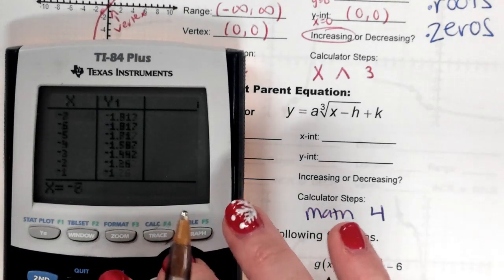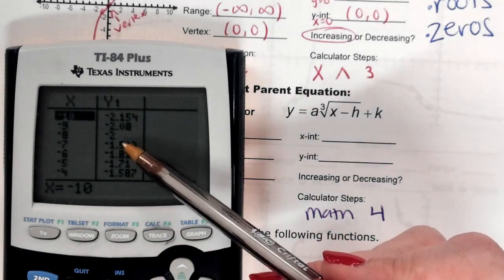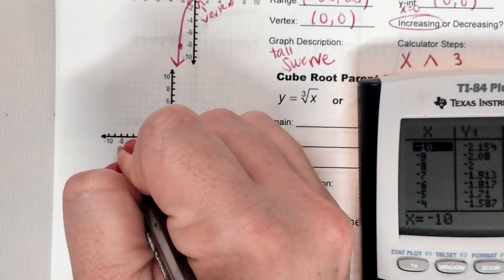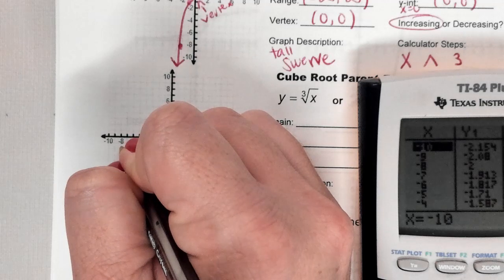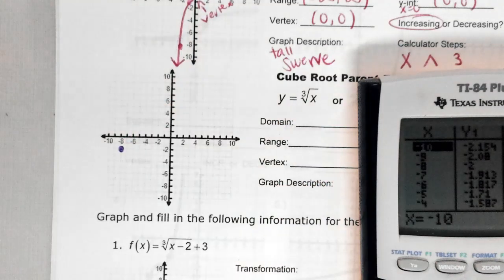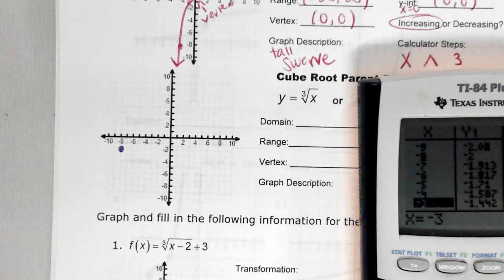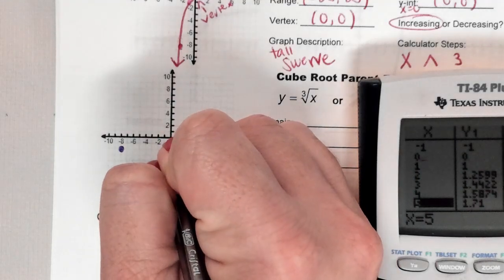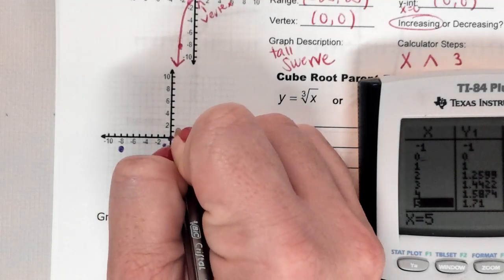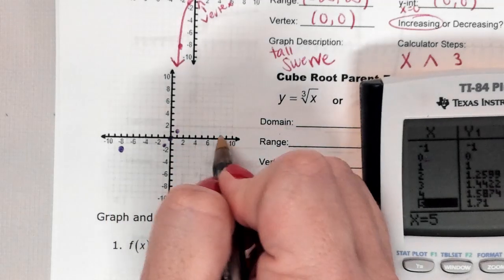Going up towards -10, I'm going to plot my first pretty point, which is (-8, -2). Then we have (-1, -1), (0, 0), (1, 1), and (8, 2).